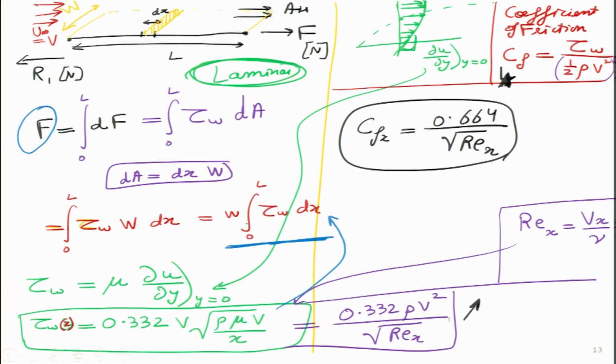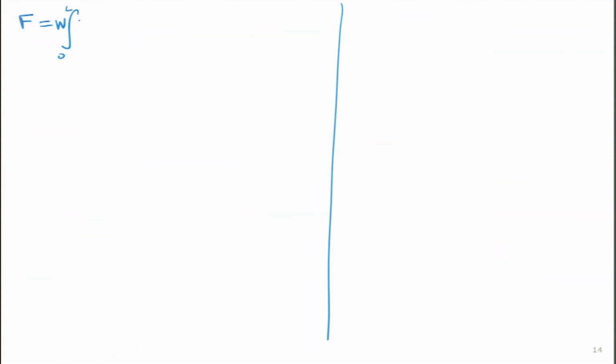So, over here what we had was F equals integral from 0 to L, and capital W was outside the integral, tau w into dx, and tau w I will directly write as 0.332 capital V square root of rho mu V square, and the denominator is x, and dx.